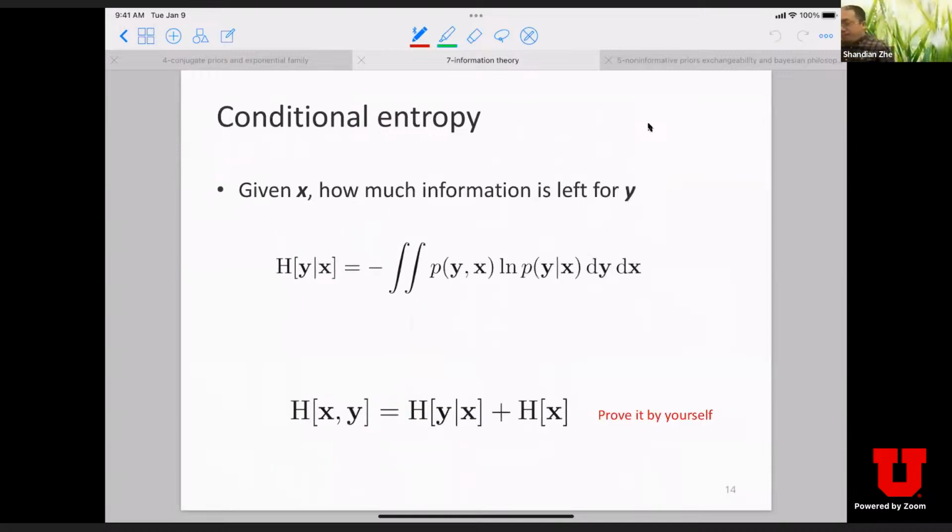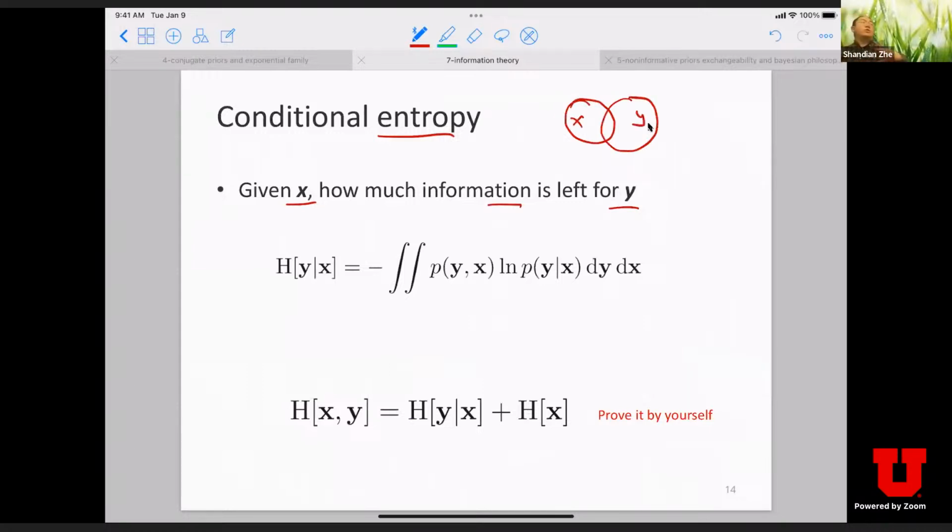So, given the definition of entropy, we can extend to the so-called conditional entropy. Conditional entropy tells us that given x, how much information is left for y. It is very intuitive to represent in terms of graphs. Suppose this circle is the variable x, and this is the variable y.